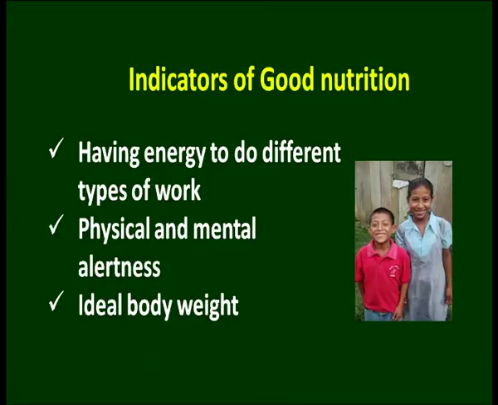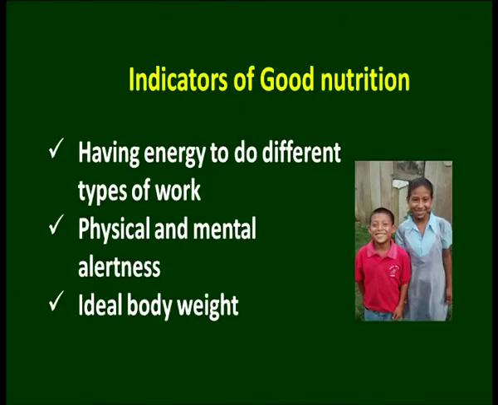Simple, having energy to do different types of activities. Whether it is walking, doing the study, or doing any kind of other manual work, inside home, outside home, whatever it is. And you must be alert enough to do any kind of physical or mental activity. Third, you must not be very underweight or overweight.